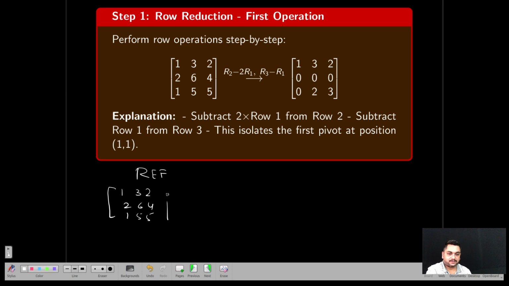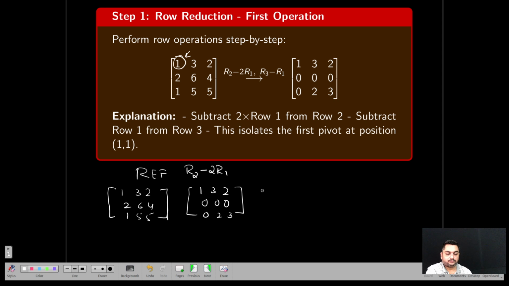This is the given matrix. Now, how will I find it? So this is my pivot element 1. So I have to convert the element below it to 0. So subtract it. So what I will do, first operation, R2 minus 2R1. So this will become 1, 3, 2, 0, 0, 0, 0, 2, 3.